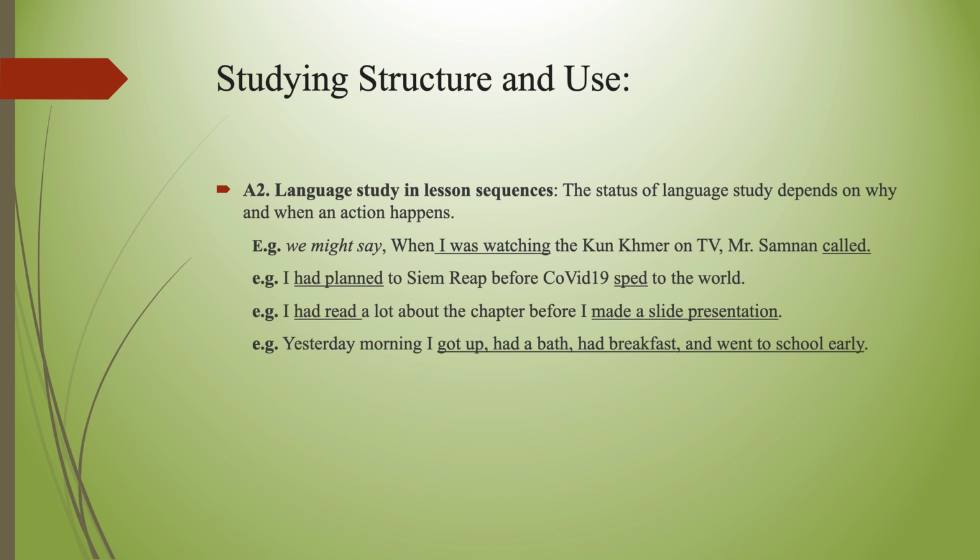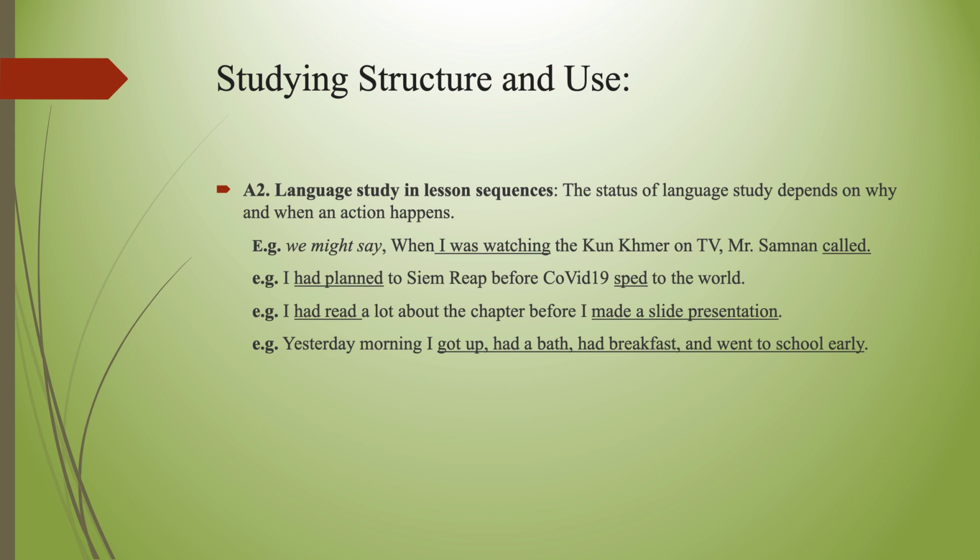like the sentence or an action of the grammar in English. We can make them in order as well. For example, we might say, when I was watching the Kun Khmer on TV, Mr. Samnan called. Now let's consider this sentence, and then decide what action happened first.